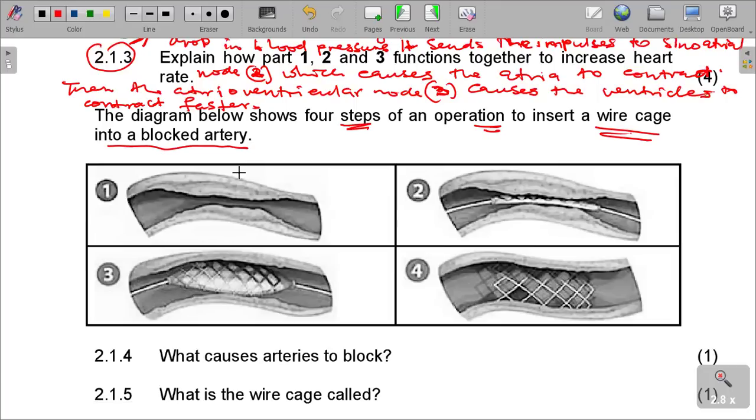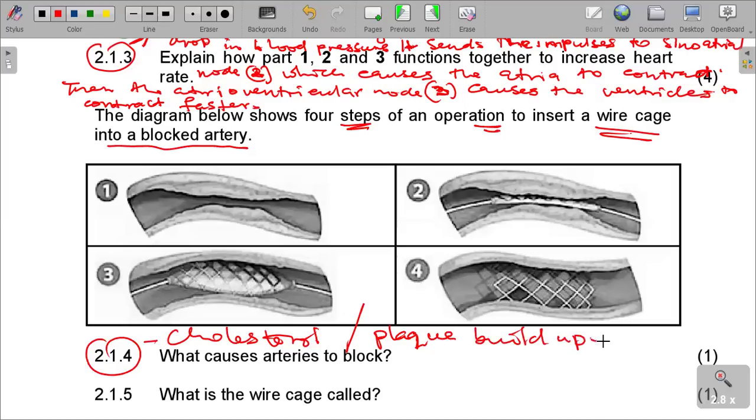So what can cause arteries to block? Arteries can be blocked as a result of cholesterol. Cholesterol can cause arteries to block, or it can also be because of plaque build-up.